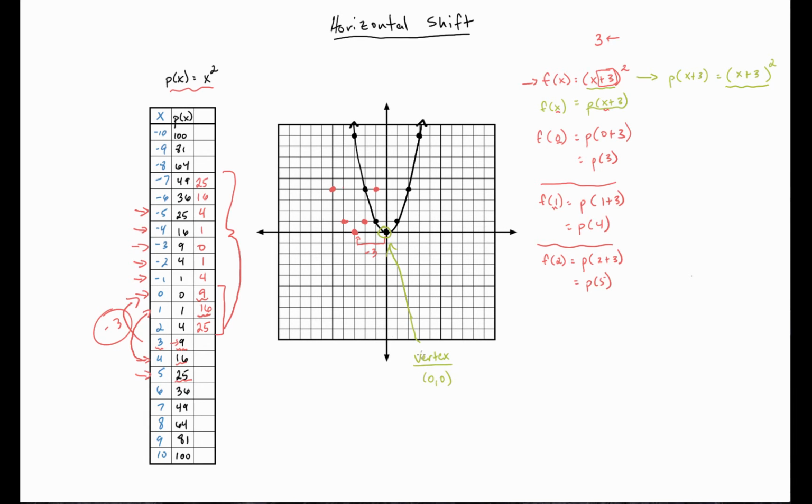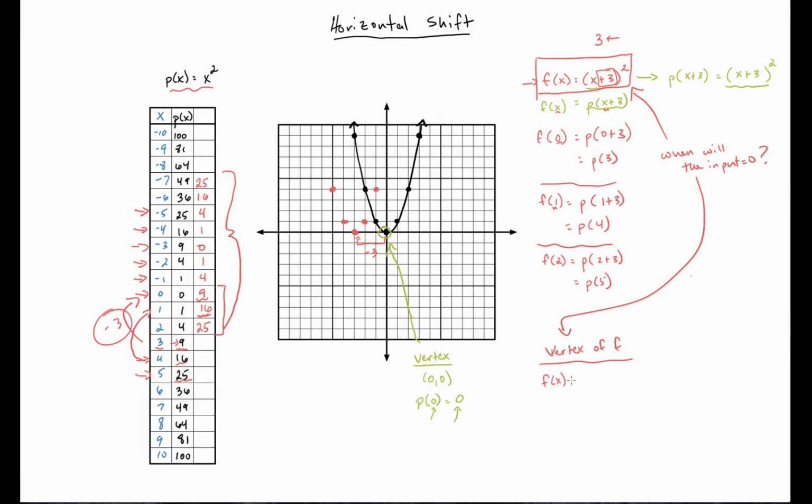Or in other words, we know that when I plug in 0 into my parent function, I expect to get a 0 output. So what we want to do is figure out when our function f is going to have a 0 input. Well, cool. So let's find that vertex then.